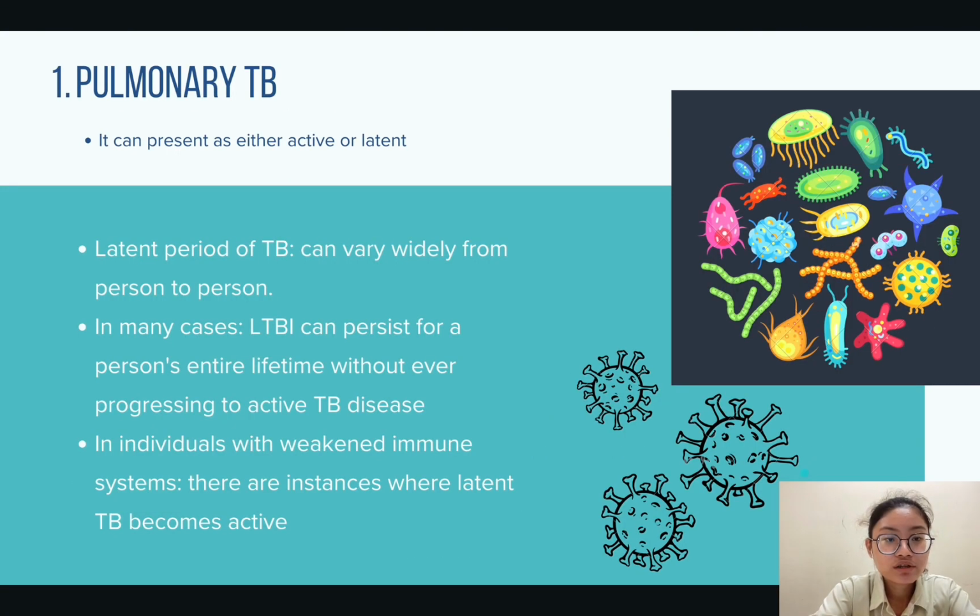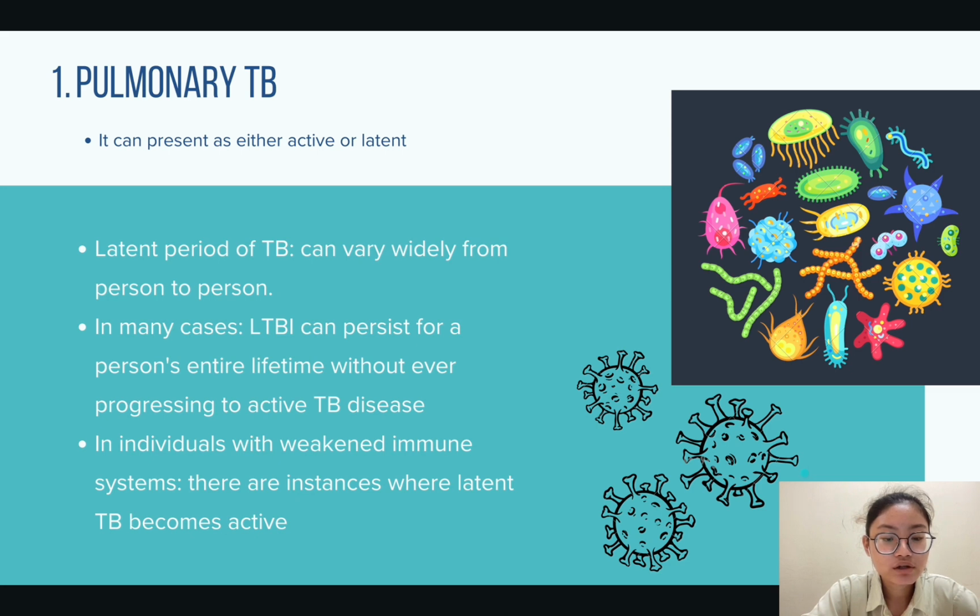Pulmonary TB can present as either active or latent. During the latent period, individuals are infected with the bacteria but do not exhibit symptoms of active disease. They are not contagious to others. Instead, the bacteria remain dormant and inactive within the body.